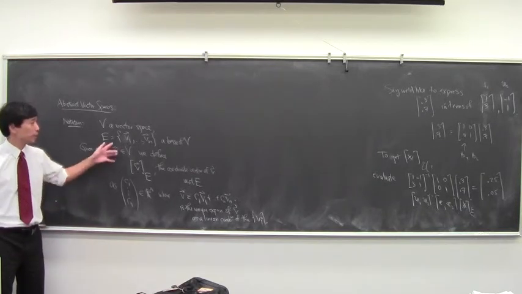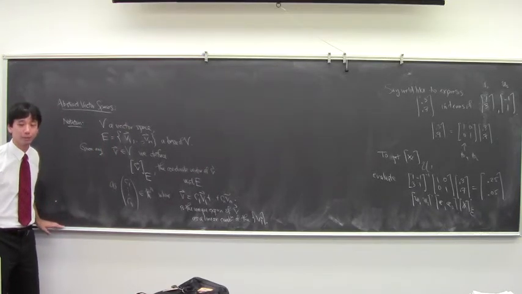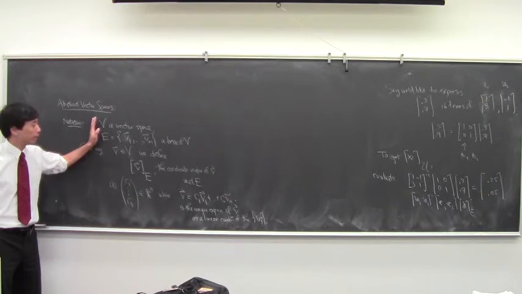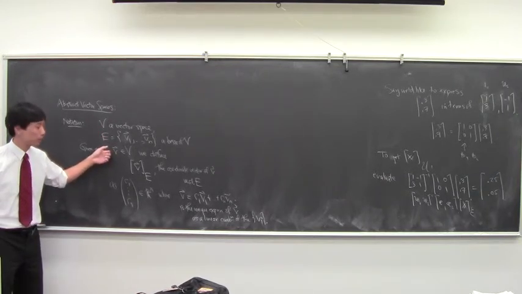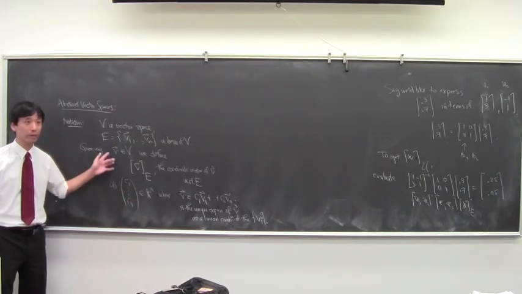Okay, so you notice what this gives you. You have an abstract vector space, and this gives you, for each vector in your vector space, a unique corresponding vector in Rn.